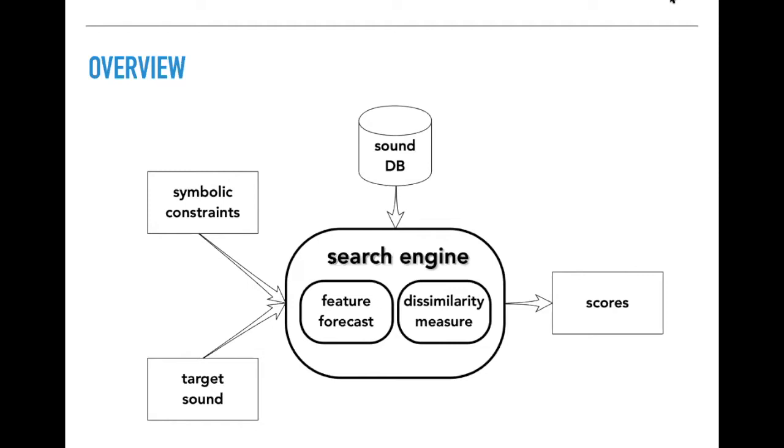One is the feature forecast, and the other is the measure of dissimilarity. The feature forecast is a step during the search where, when you have a new combination, you need to forecast the features of this combination, because we cannot compute the features for each combination, as the combinations are, again, too many during the optimization.